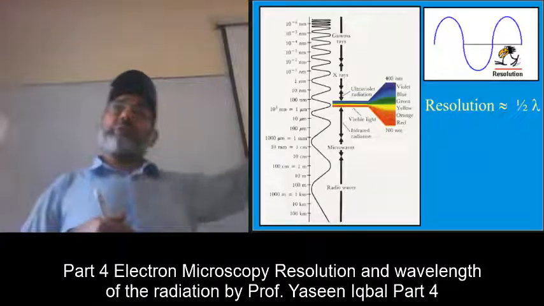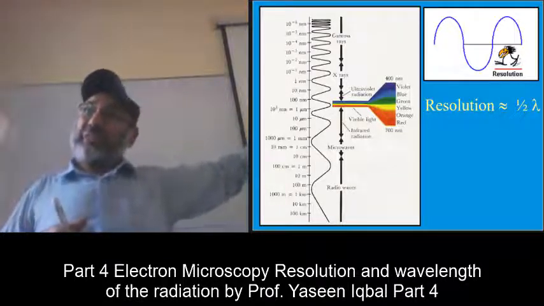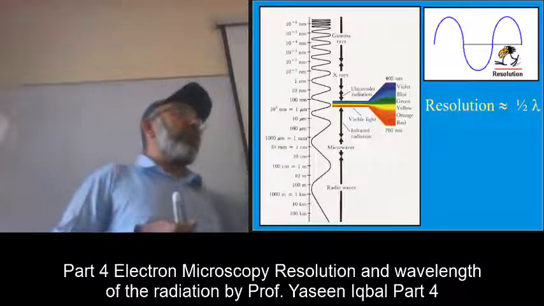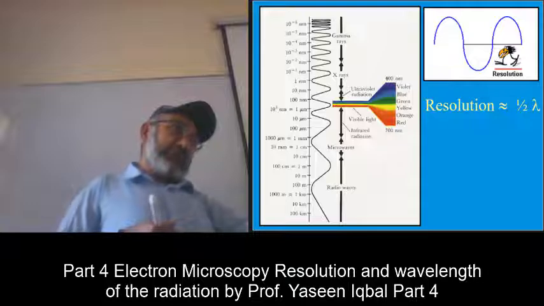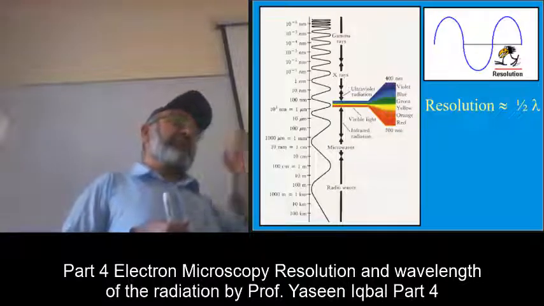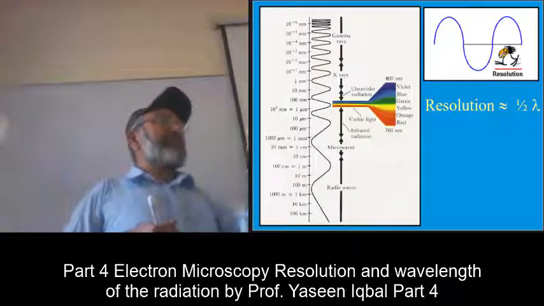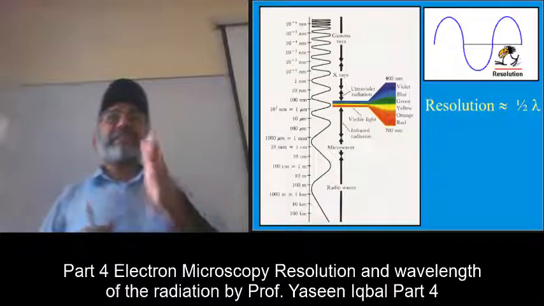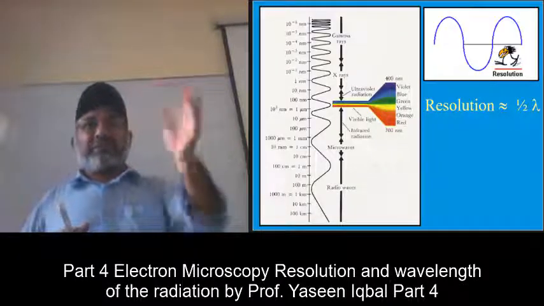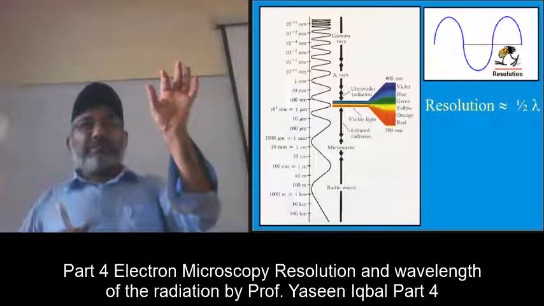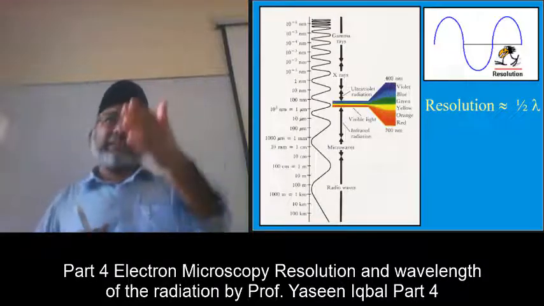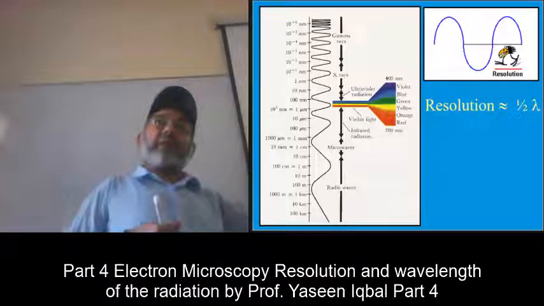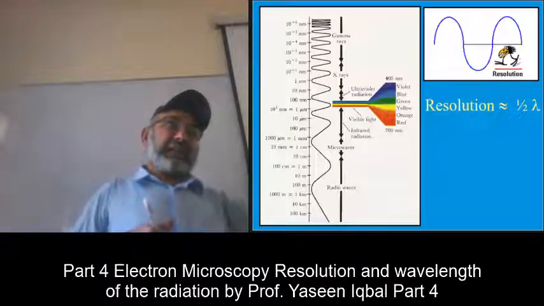So the radiation with a wavelength of 1.54 will give you a resolution theoretically of 0.7 something angstrom, and a little bit higher than that due to the instrumental errors and things like that.